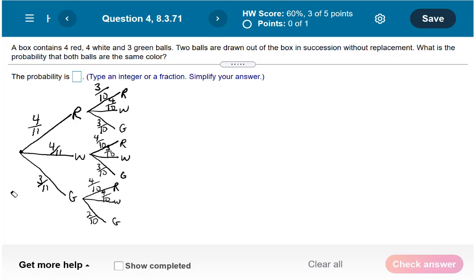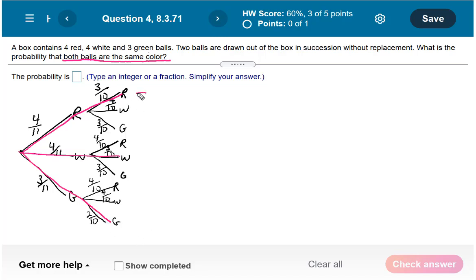So from the tree diagram, we will attempt to answer the question. What is the probability that both balls are the same color? What branches correspond to both balls being the same color? Here's both reds, here's both whites, and here's both greens.